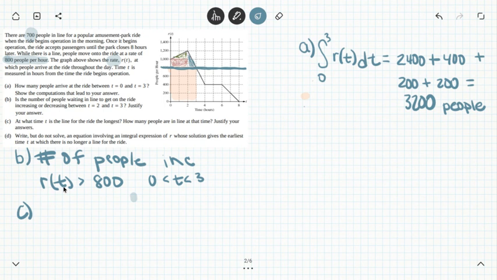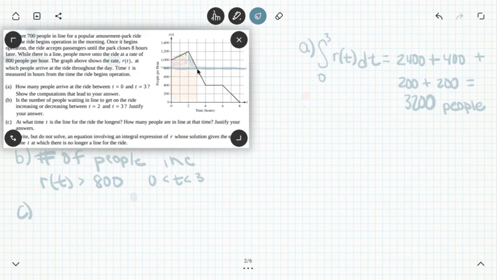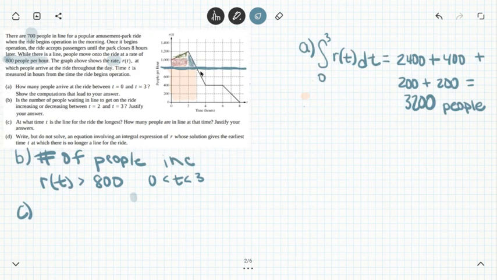Well, the derivative in this case is people going in minus people going out. So where does this function equal 0? It equals 0 when the two amounts are equal to each other. So our options are time equals 0, time equal 3, or time equal 8.